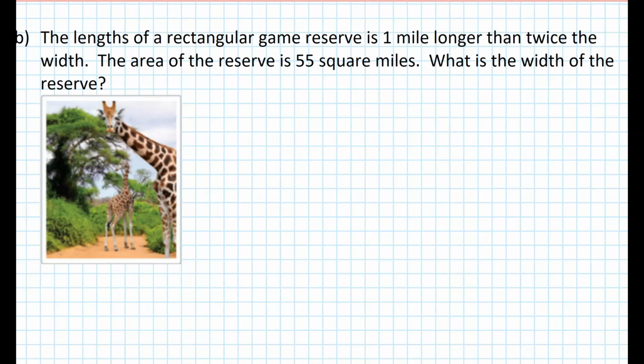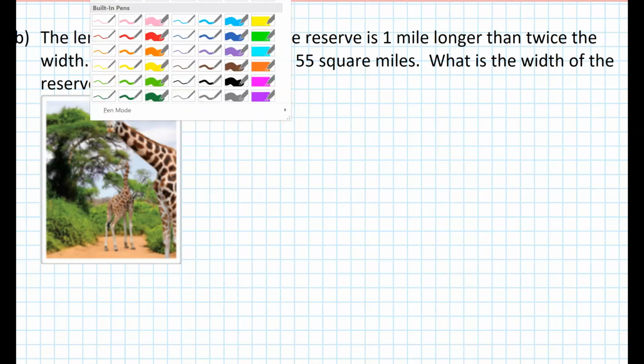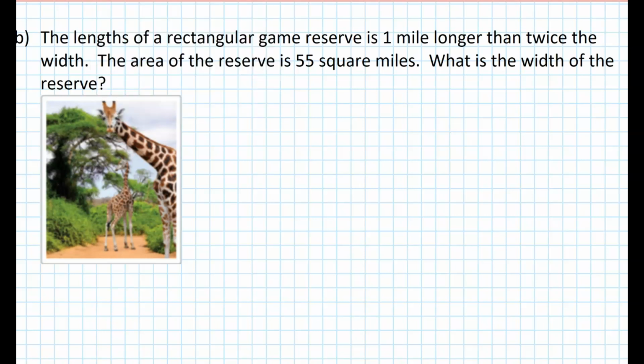So again, we are dealing with an area of a rectangle. The area of a rectangle is length times width. We know that the area is 55 square miles, so I will plug that in.